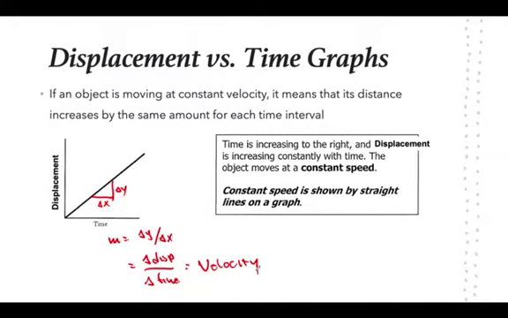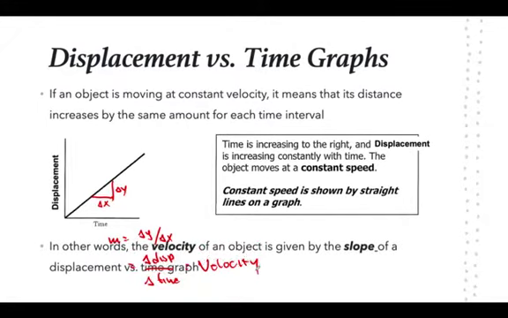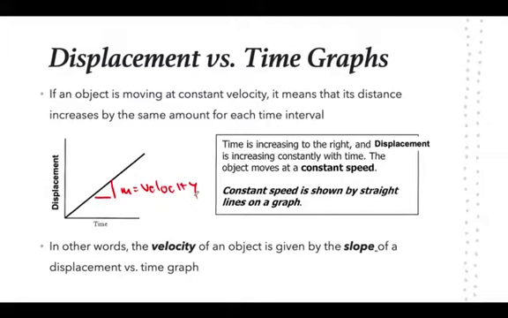So by finding the slope on a displacement versus time graph, I can find the velocity of an object. If this was a distance versus time graph, then I would be finding the speed of an object. So I can say that the velocity of an object is given by the slope of the graph of displacement versus time.